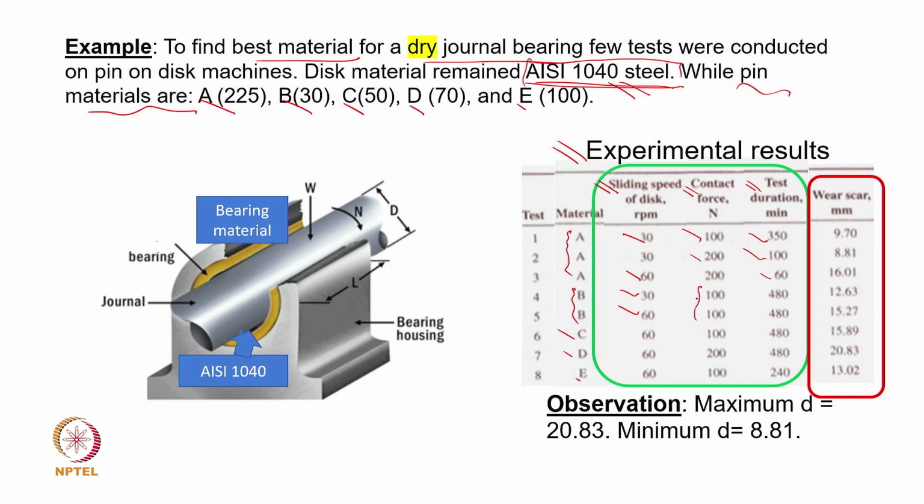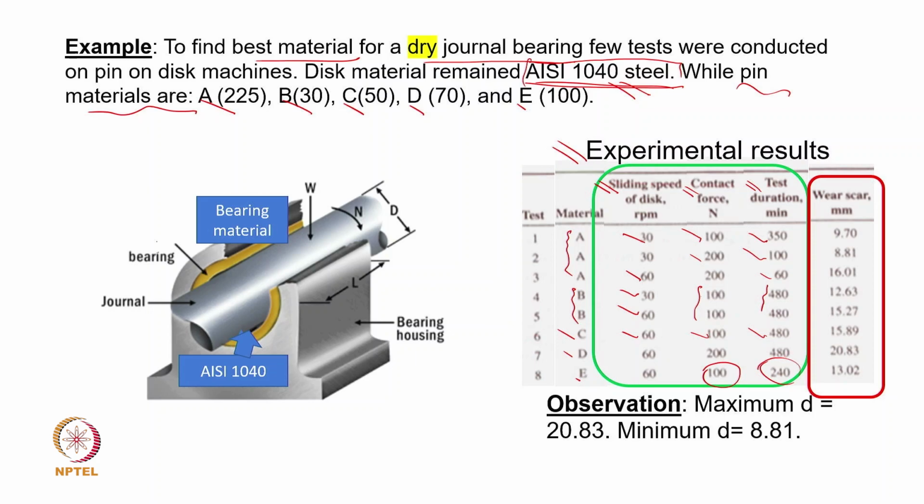Of course, load has been kept the same, and the time duration has been kept constant. Now coming to material C, they have tested at 60 rpm, load 100 newton, and then duration is 480. Coming to E, they have reduced the load to 100 newton, and the test duration is also 240.